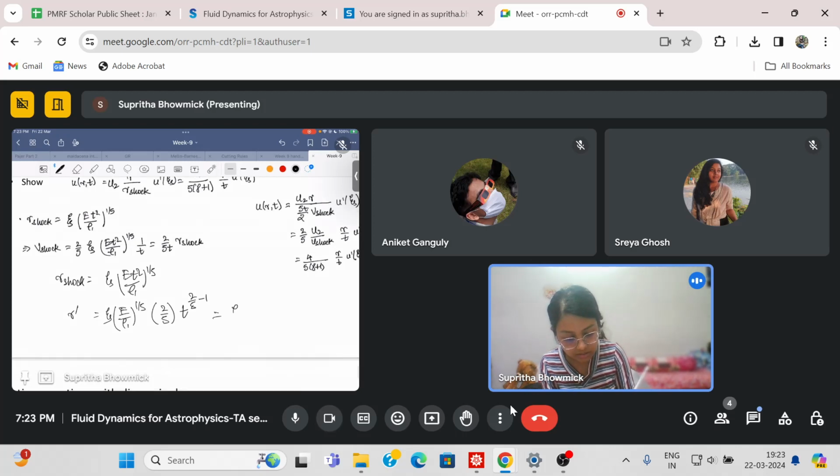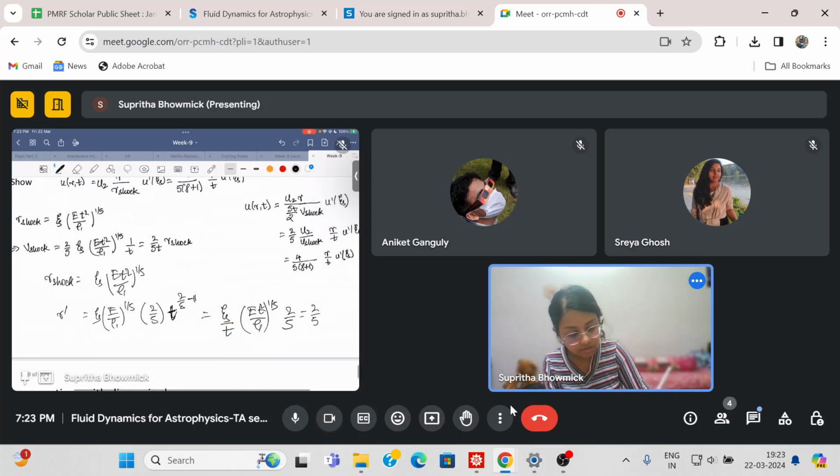You pull out this t to the power of minus 1 over here, and you write (Et²/ρ1)^(1/5) times 2/5. So what is this? This entire thing is R shock. So R shock divided by t.